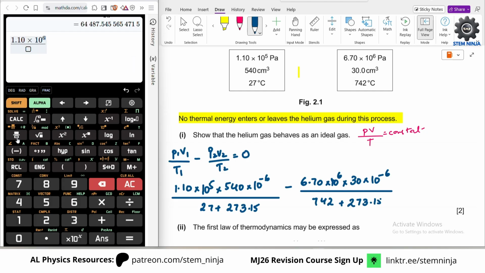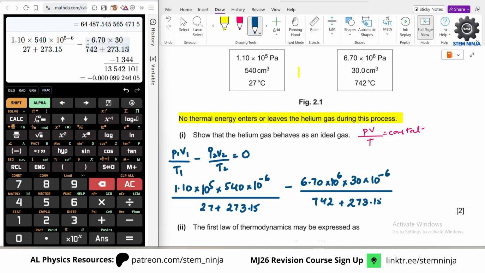So let's check it out. 1.10 times 10 to the power 5 times 540 times 10 to the power minus 6, over 27 plus 273.15, minus 6.7 times 30, the powers of 10 cancel, so it's just 1, over 742 plus 273.15.